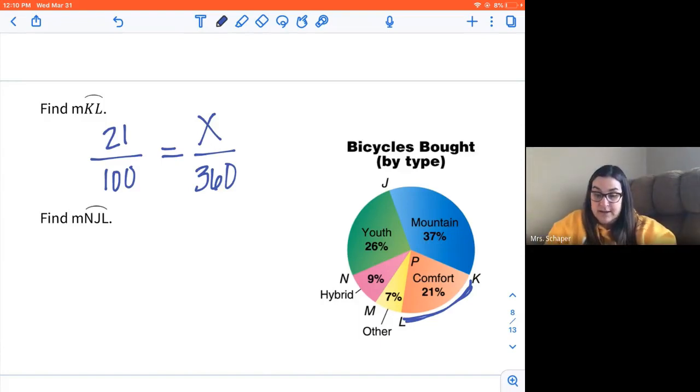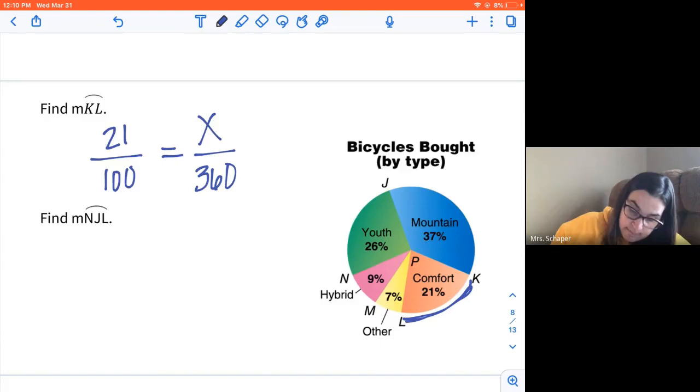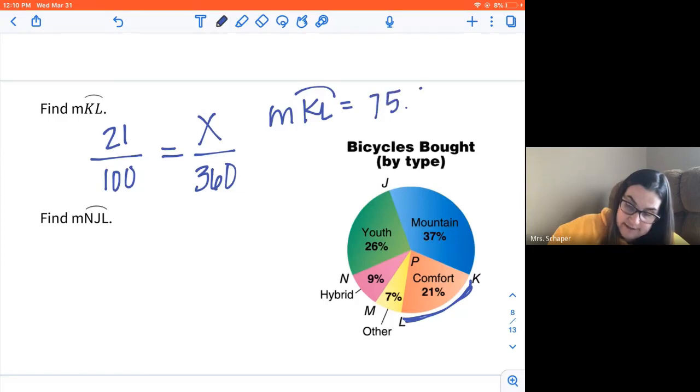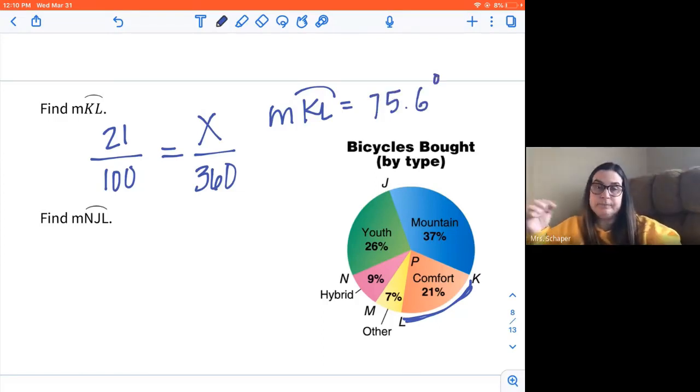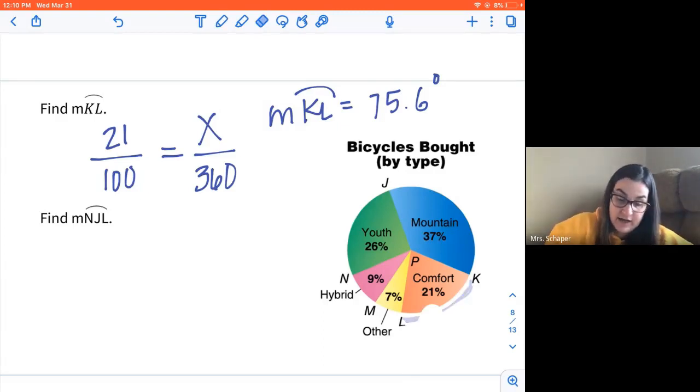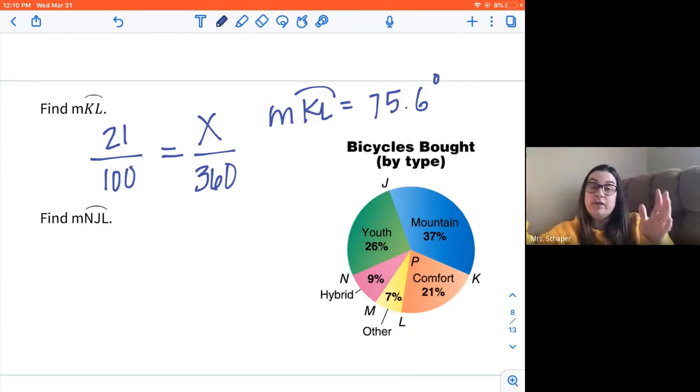So 21 times 360 divided by 100. So the measure of arc KL is 75.6 degrees. Okay. I'm setting up a proportion because the measure of the arc is proportional to the percent that it's taking up.